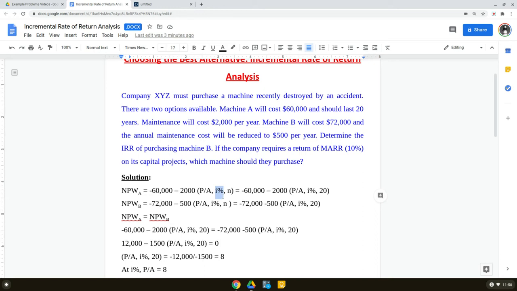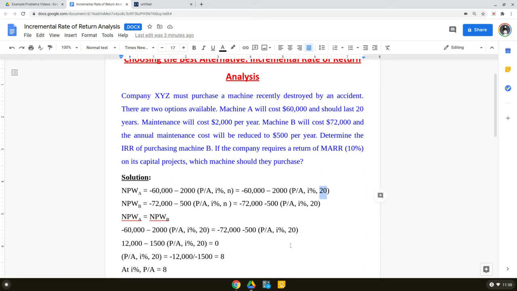We don't know that. And n is the number of pay periods, or number of years in the context of this problem. So I will rewrite that here: minus 60,000 minus 2,000 times the P given A factor at the internal rate of return that we don't know yet, and n equal to 20.